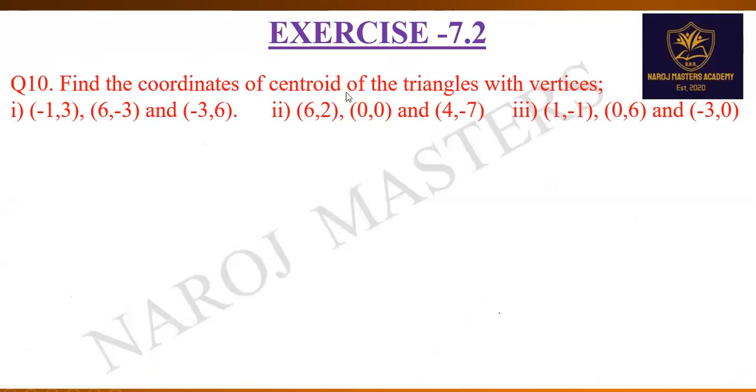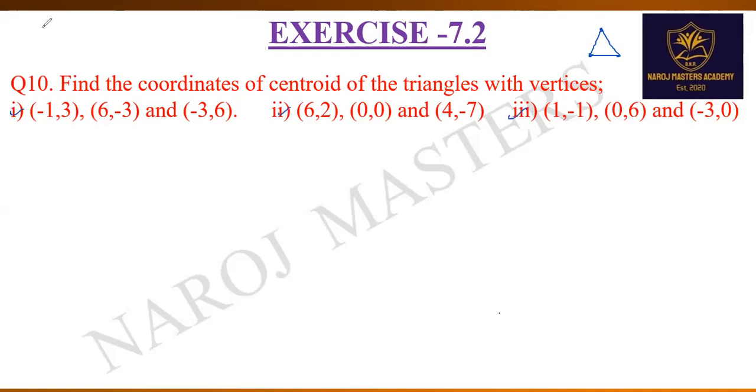Find the coordinates of the centroid of the triangles with vertices. So here triangle vertices are given. If you draw a triangle whose vertices are given here clearly like this, the vertices A, B, C, three coordinates are given. Then to find the centroid of each triangle, for three coordinates, write x1 plus x2 plus x3 by 3 and y1 plus y2 plus y3 by 3, like that. The same formula for all 3 questions.